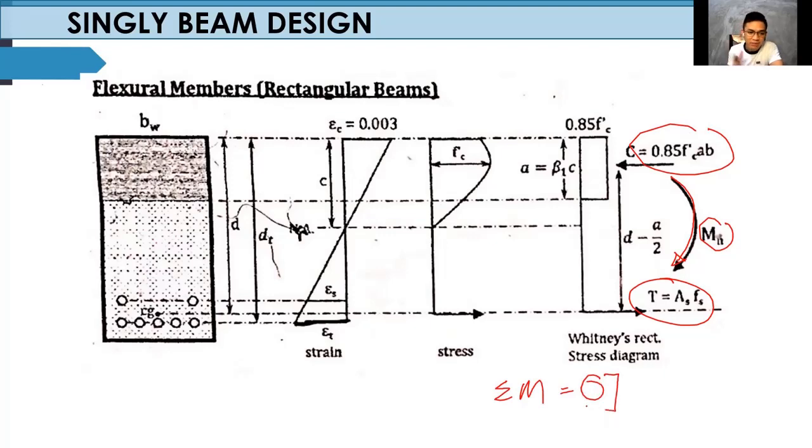Take note, lahat ng moment, lahat ng forces dapat ma-equal to 0 para static siya. Para walang movement sa ating structure. Kasi pag meron, what will happen to your structure? It will fail. Hindi naman talaga fail. Para pag hindi kasi 0 is, there is a movement because meron pa tayong force na hindi na equal. Okay? So I think that's it.